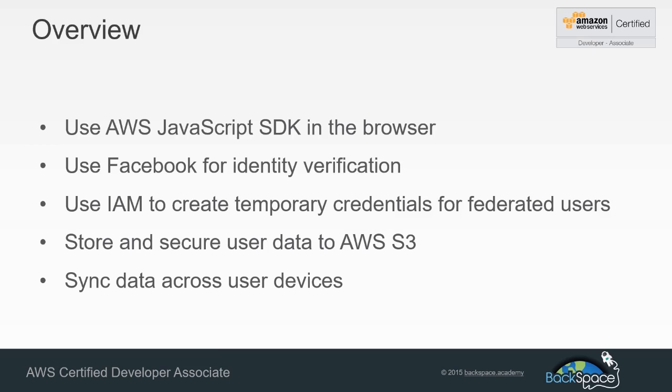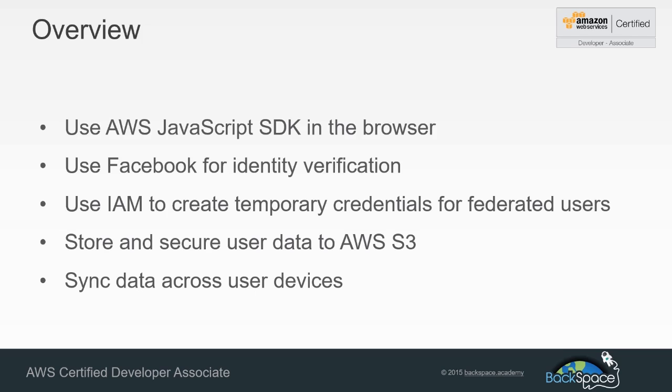So what we're going to be doing is, again, using the AWS JavaScript SDK in the browser. We're then going to be using Facebook to verify the identity of users. Then we're going to get a Facebook token and pass that to the IAM service to create temporary credentials for that federated user.